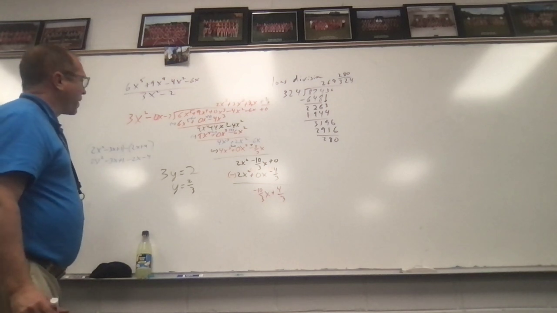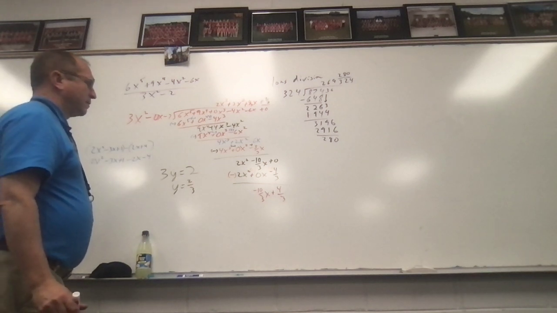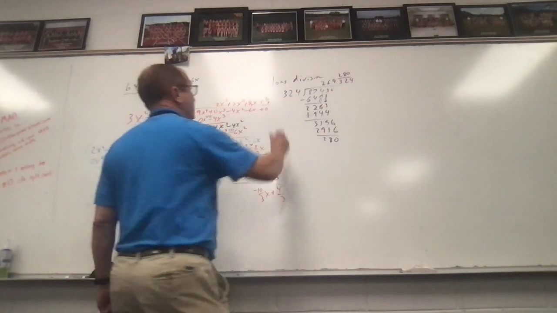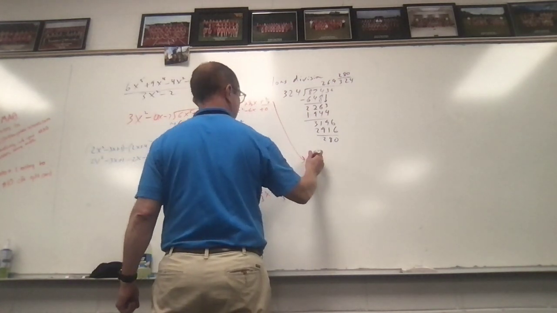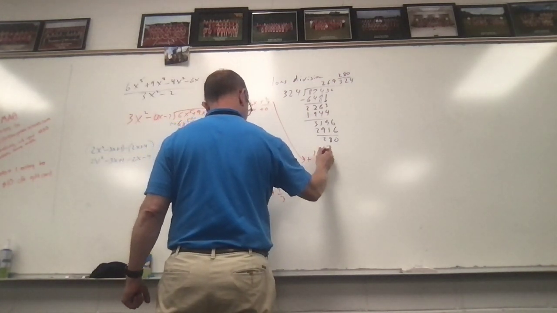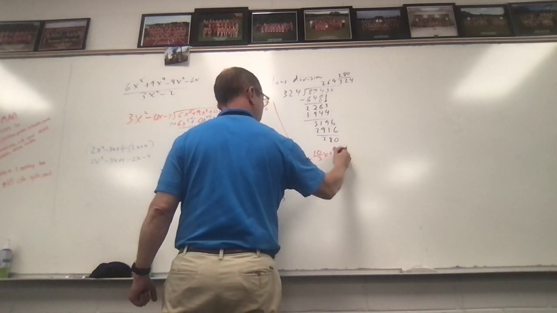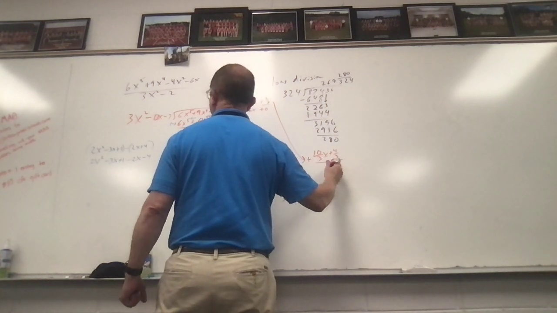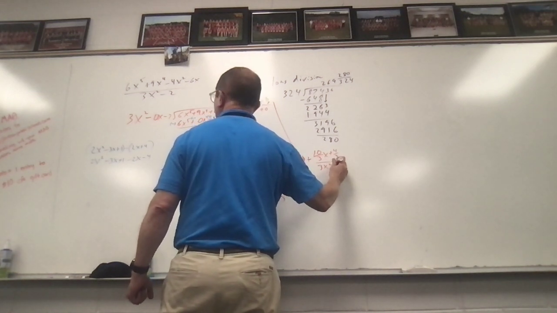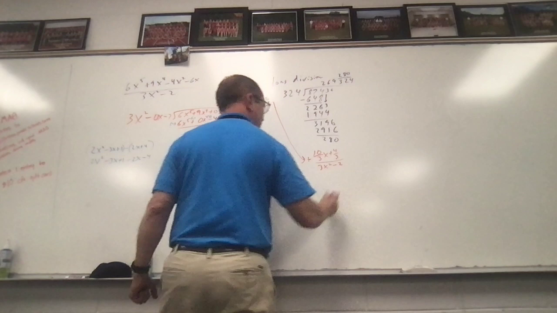So that is my remainder. So I write that as plus 10 thirds x plus 4 thirds over 3x squared minus 2.